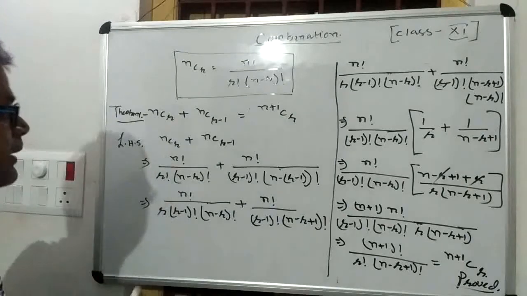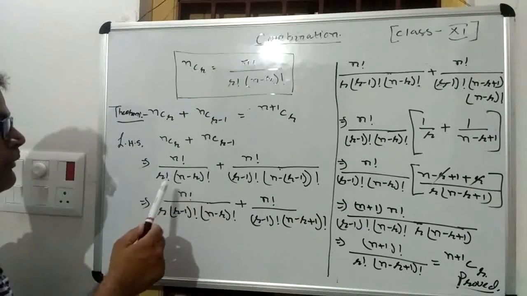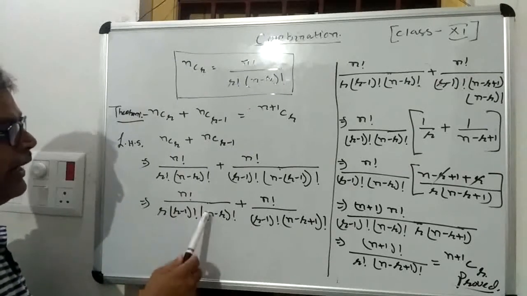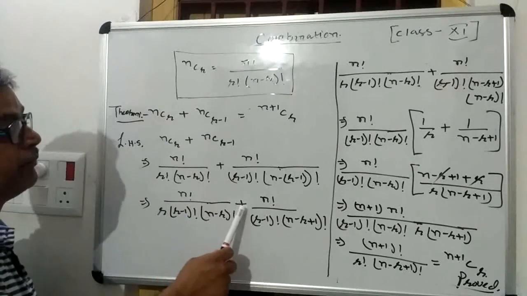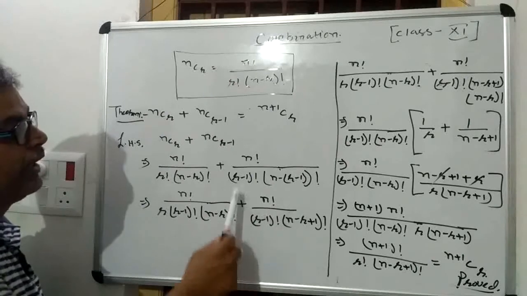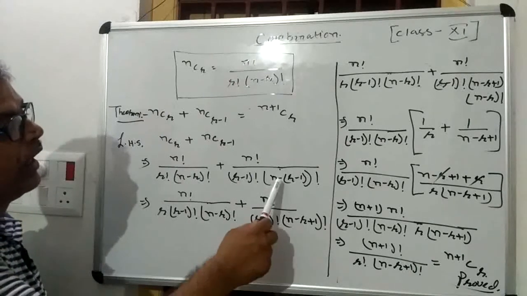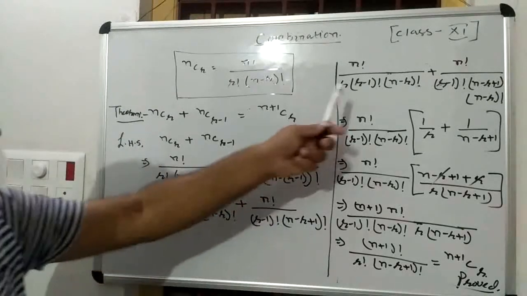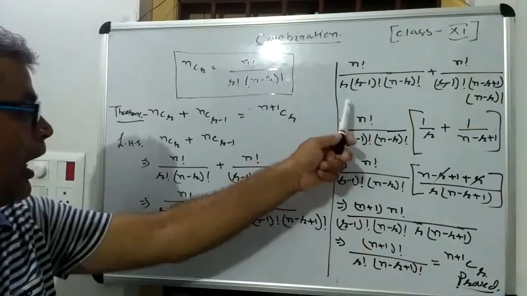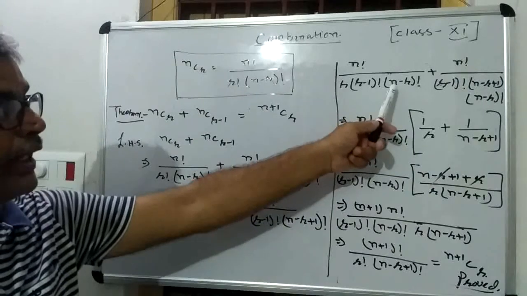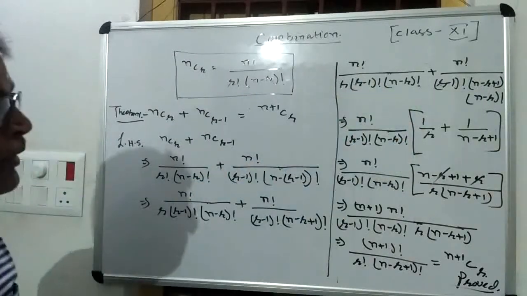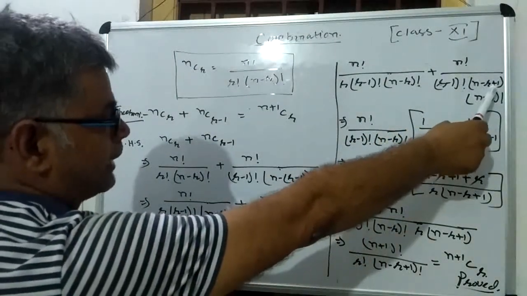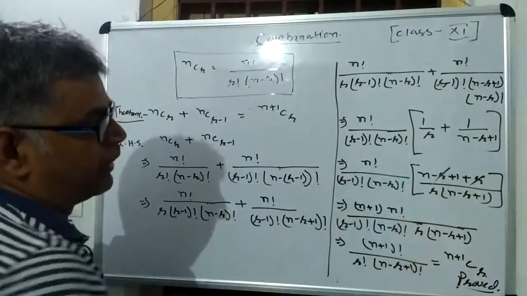Now further simplifying it, this factorial n by factorial r can be written as r into r minus 1 factorial, and n minus r factorial is as it is, plus this is factorial n by r minus 1 factorial, and this can be simplified as n minus r plus 1 into n minus r factorial.